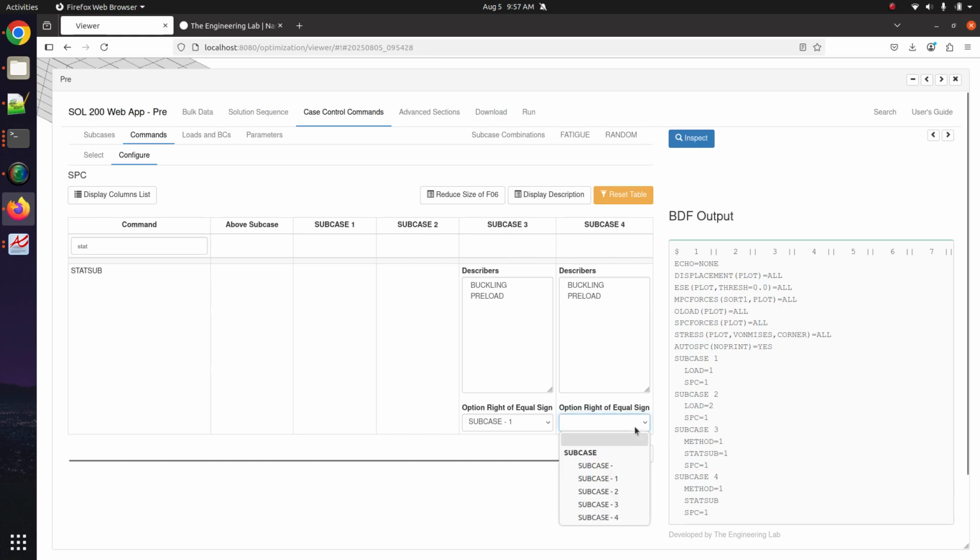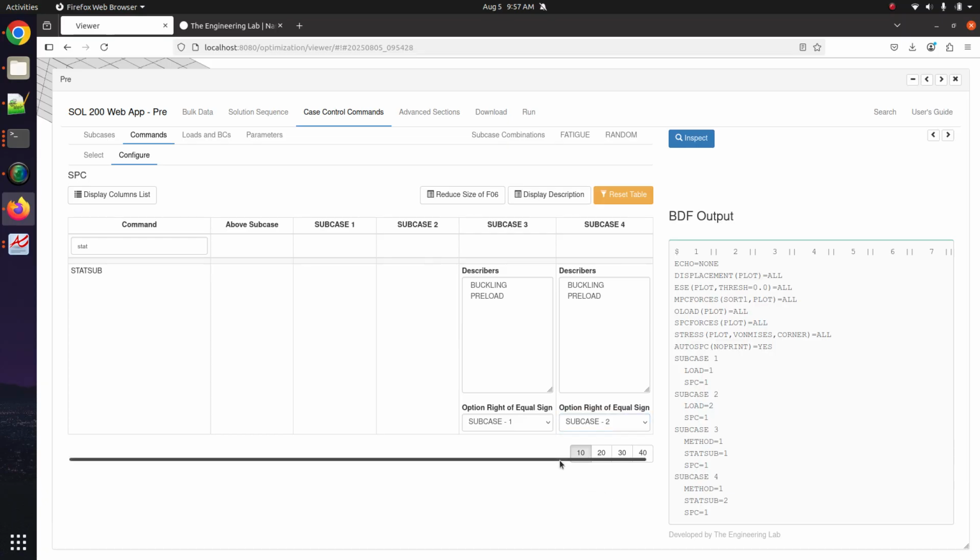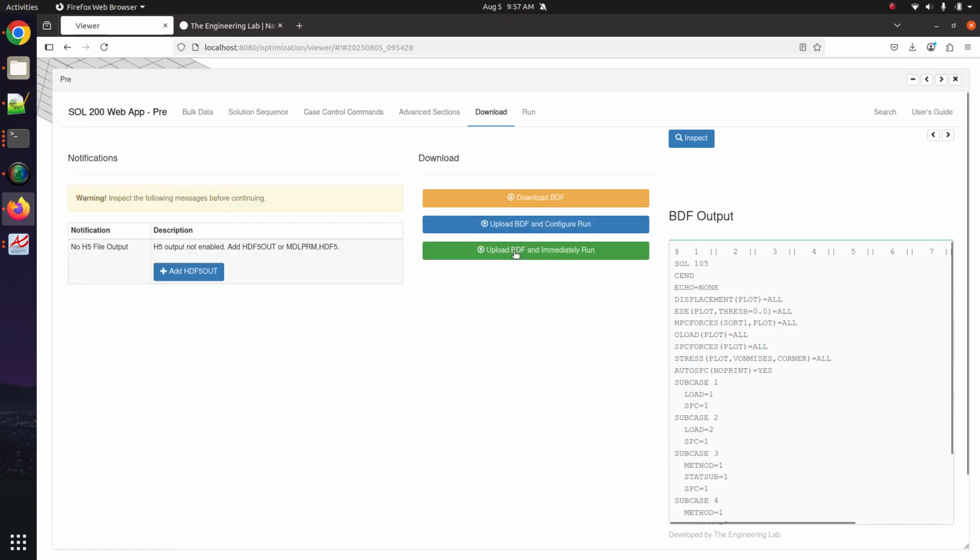For subcase 4, take the results from subcase 2 and perform the buckling analysis. Subcase 1 and subcase 2 were the two original subcases that were performed during the statics analysis. Remember, this started with SOL 101. Now let's go to download and rerun this.